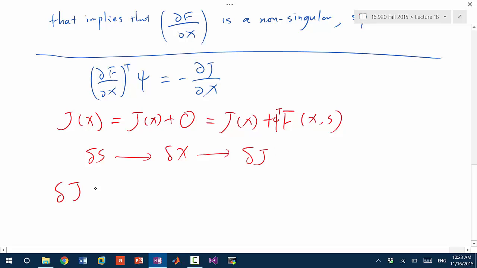That small change in j, according to this equation, is equal to partial j partial x times that corresponding small change in x, right?